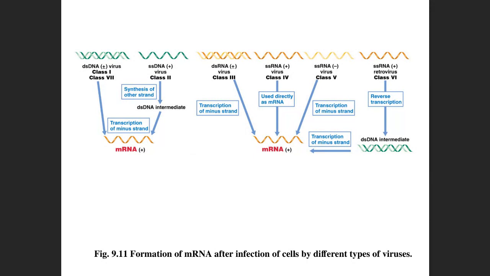Well, it doesn't matter what they have as a genome, they all have to have mRNA. So they all have to produce mRNA in order to carry out translation. And so going from genome to mRNA will require different steps. It's important for you to understand that if you have double-stranded DNA, that's straightforward, and then you transcribe, and you have mRNA.